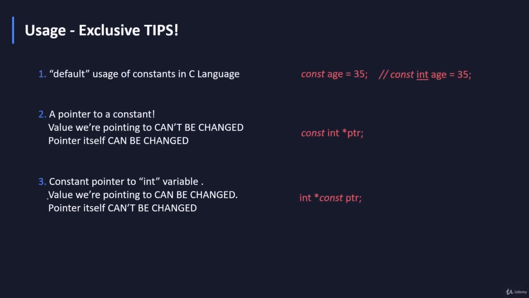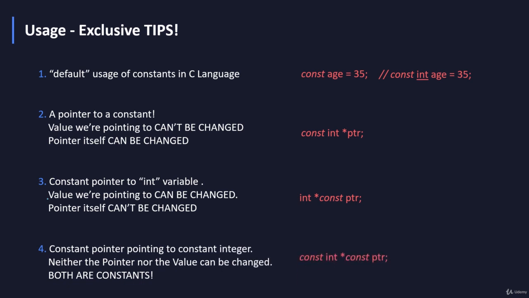That's the last one, the fourth. Here we create a const int star const ptr. So we create a constant pointer pointing to a constant integer. That's a combination of the previous two constants.